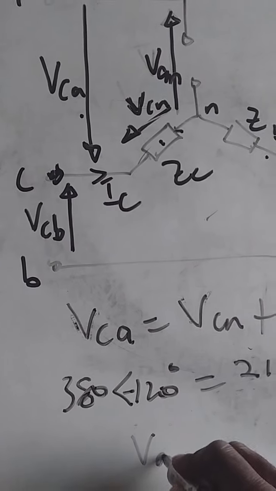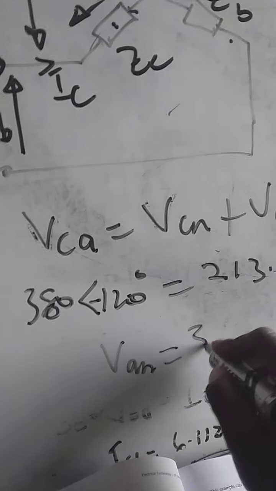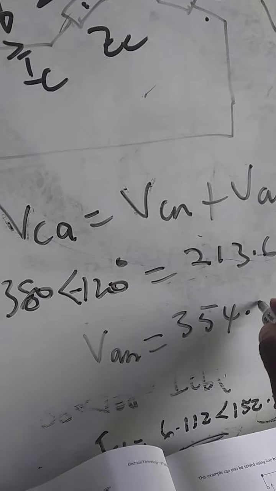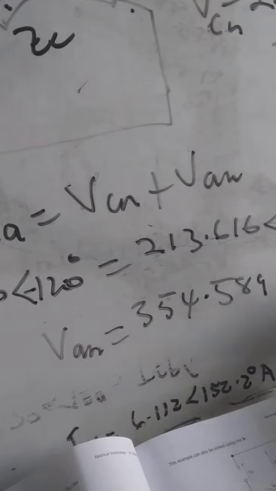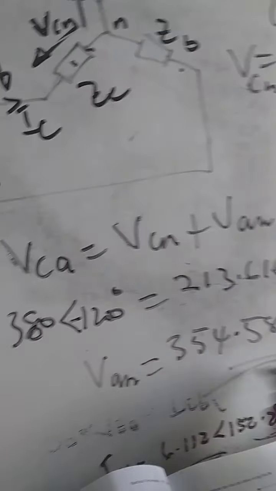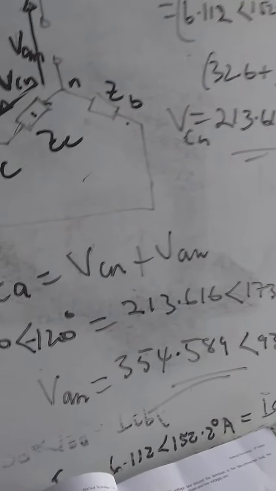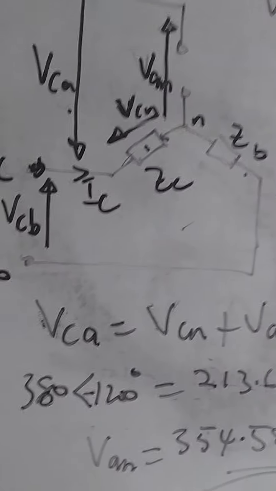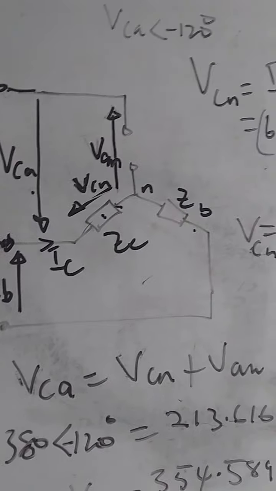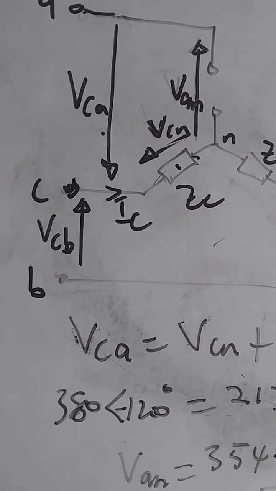So your VAN is 354.589 at angle 93.58 degrees volts. That is the voltage drop at the instance when this phase impedance was open circuited, just cut off, where that point leads to infinity. Thank you.